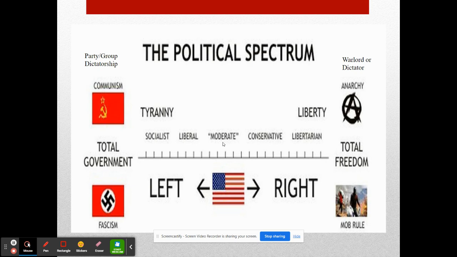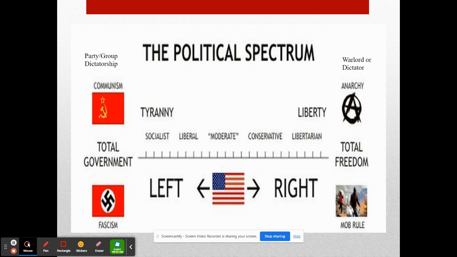The moderates are what most people would probably like to be. Moderates are generally okay with people. They are willing to listen to both sides and willing to work for compromise. They like some things on this side, they like some things on this side, but they're not sold on either one of them.